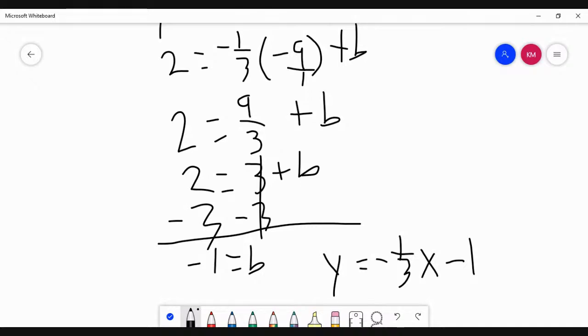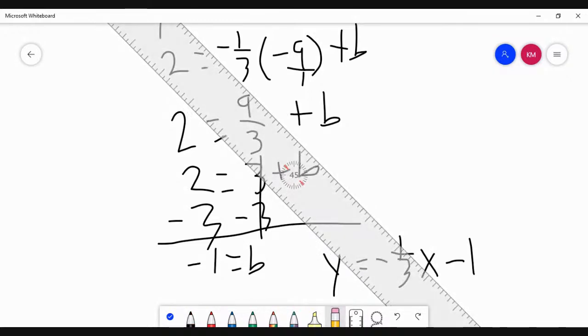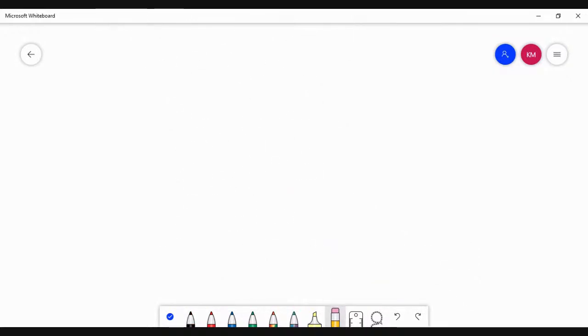All right, beautiful people, we are moving into solving inequalities by using addition and subtraction.